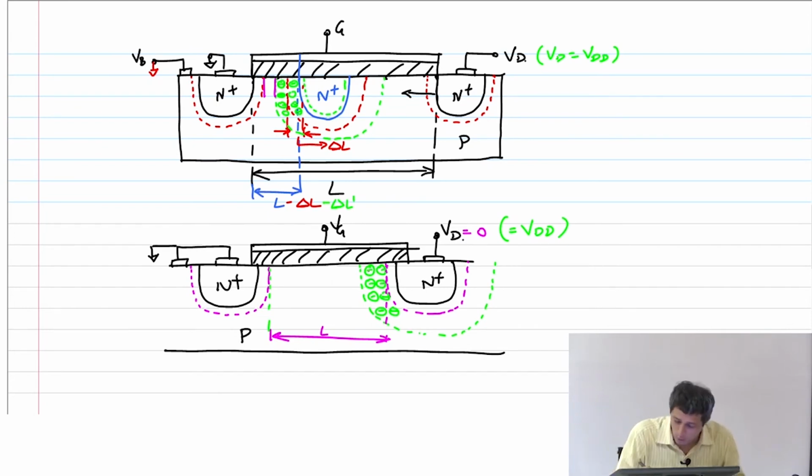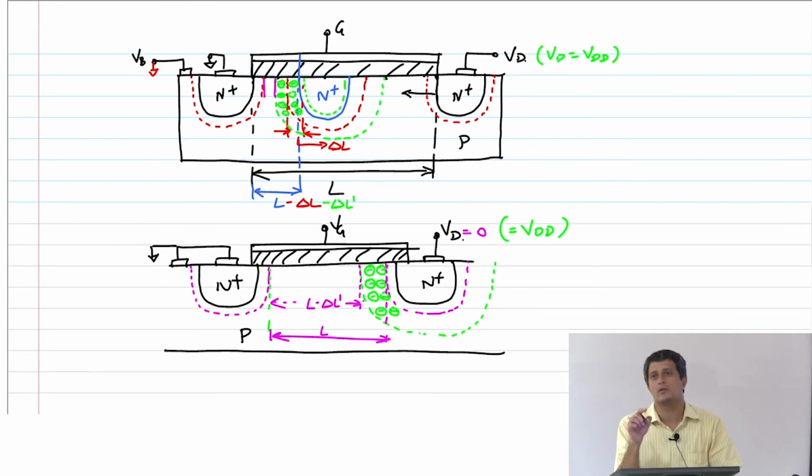But now, after my Vd has increased, it's come down to this length, L minus delta L prime, because of this applied reverse bias. So now the gate has to invert only so many dopant atoms, and therefore part of the channel has already been depleted by the applied positive drain voltage, thereby reducing the threshold voltage.